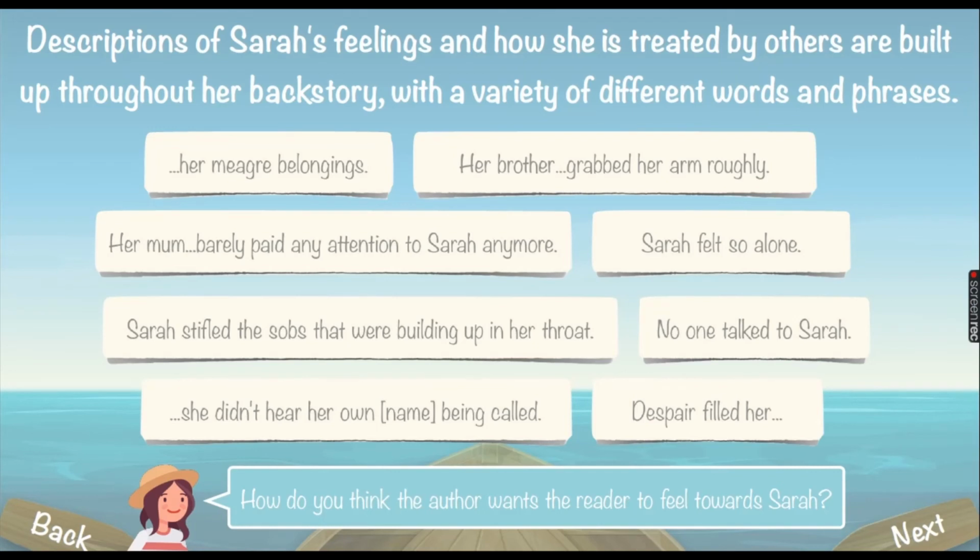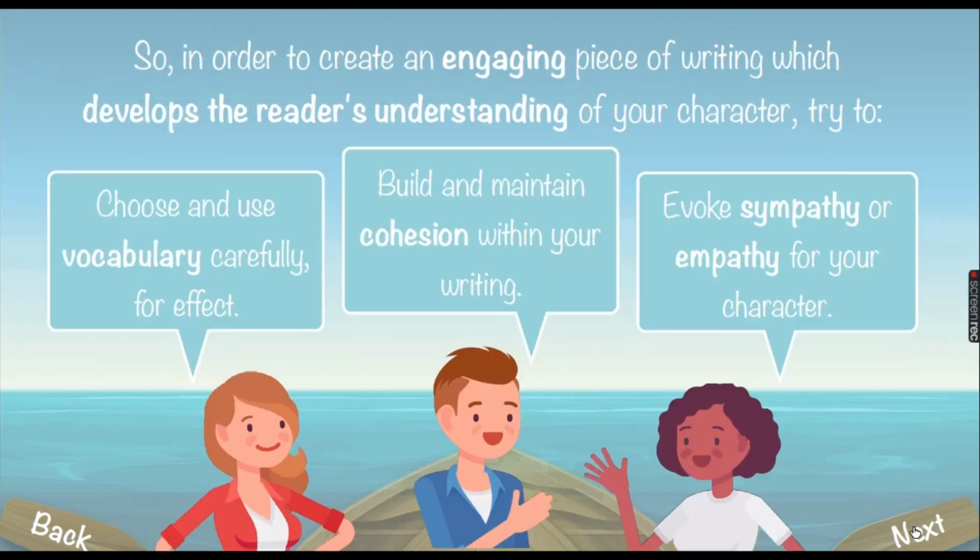So use that in your own. Now, of course, you can make it that the reader becomes more understanding towards the character that you are describing. That is absolutely fine. Or you could keep them as being mean, and then you could still use these phrases and words that would really help describe the character. So make sure that you're describing the feelings as well.